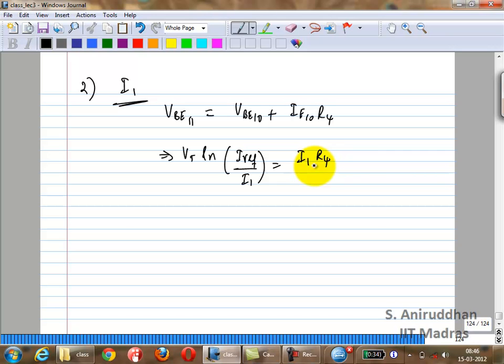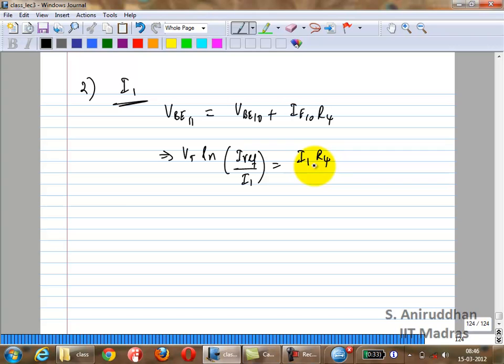You remember this from the Widlar homework? Some of you are saying yes, some of you are not sure. Okay. So it turns out to be this, right? So VB1 minus VB2 is VT ln I1 by I2. Okay. So you get a transcendental equation. You know IREF, you don't know I1, you know R4 and so on, right?